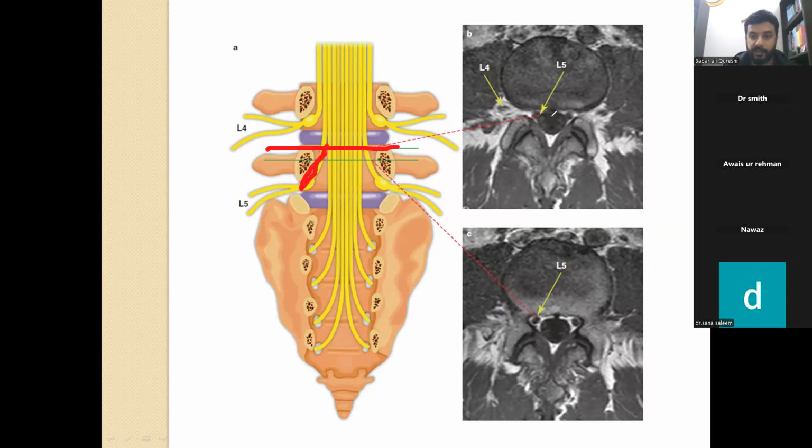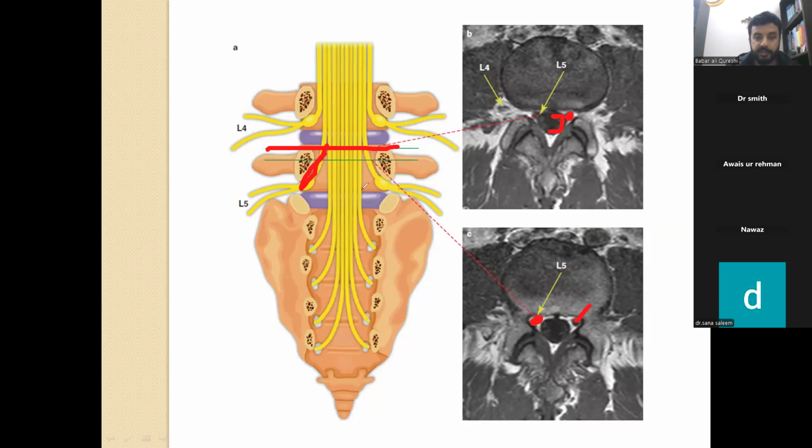In the first upper cut, we can see the nerve root is very closely related to the theca. We cannot easily appreciate it, but at the lower cut, when it has moved a bit farther away from the theca, we can clearly identify these nerve roots.